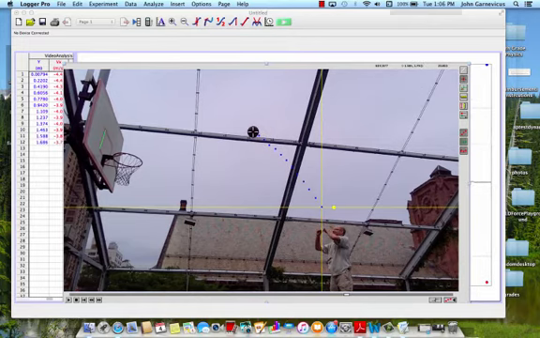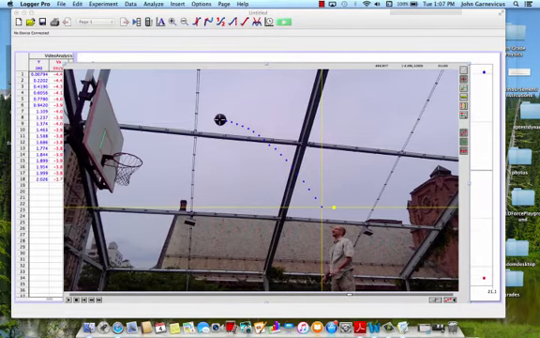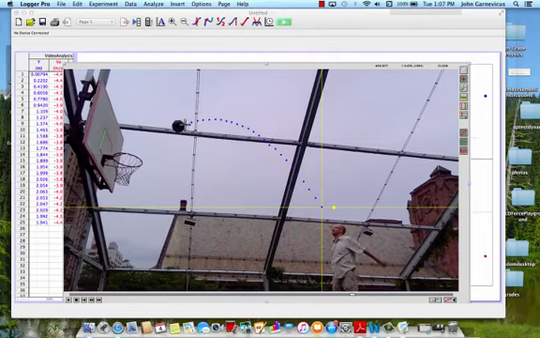Alright, looks like I'm almost at the apex. You can see me looking hopeful down in the corner of the screen there. Now I kind of look like an eagle or some sort of strange bird.